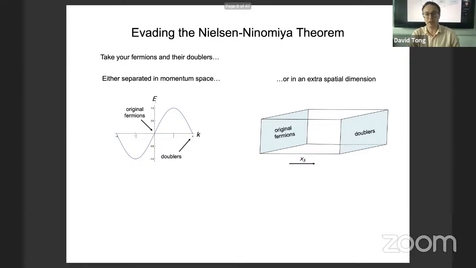how do we evade the Nielsen-Ninomiya theorem? And as Uwe-Jens said already, there's an extremely interesting story to do with the Ginsparg-Wilson relation for the Dirac operator and its solution through overlap fermions. I'm actually going to take a slightly different and, in fact, slightly older approach to this.